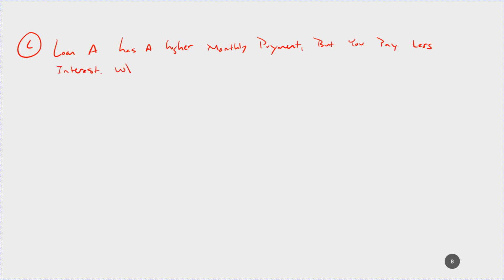While loan B has a lower monthly payment, but you pay more interest. So it's a trade-off, you know?